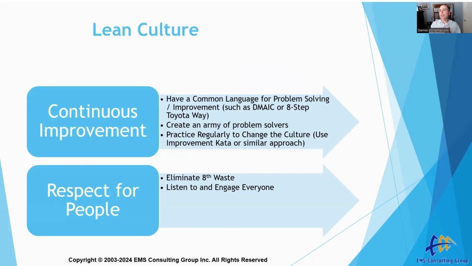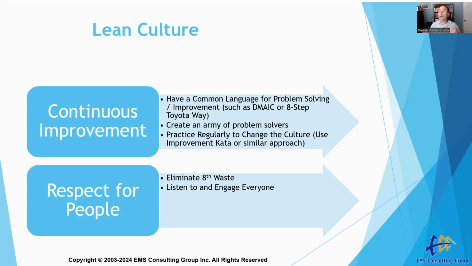If we start with continuous improvement, what that means is we want to have what we call a problem-solving process, a process for constantly going from our current condition to some target condition. We want to improve, right? And we want to be doing that on a regular basis. One thing we need in order to do that is a common language for problem solving. Whether it's DMAIC, as is often used in a Lean Six Sigma model, or the 8-step Toyota business practices, Toyota Way approach to problem solving, which isn't really that dissimilar, or even some other similar approach, we need to have one.